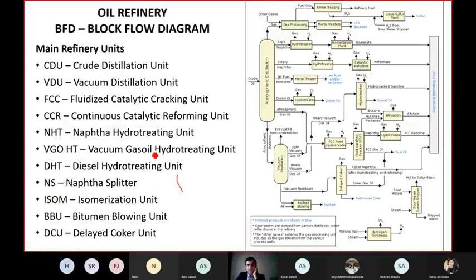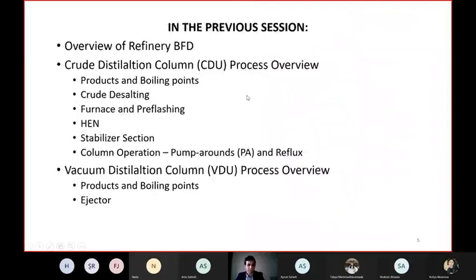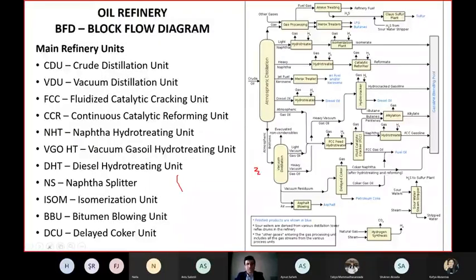So what we said, we have crude oil, which comes to the CDU unit. The CDU unit was the topic of the last session.